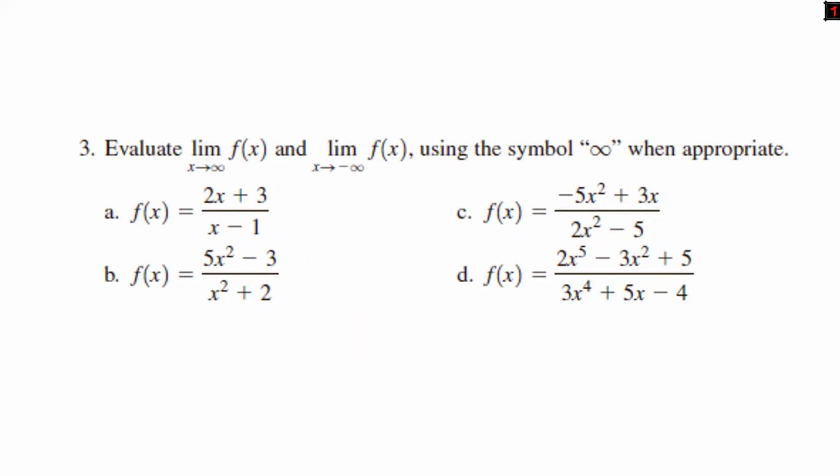Isn't it that if the denominator has a higher power than the numerator, then the horizontal asymptote is 0?